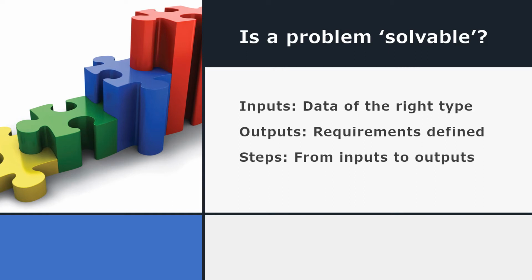And there are steps, and these are computational style steps, which will get us from the inputs to the outputs. That's the processing. So we have to have inputs, outputs, and steps that will get us from the inputs to the outputs. Otherwise, the problem is not really the kind of problem that can be solved using computational methods.